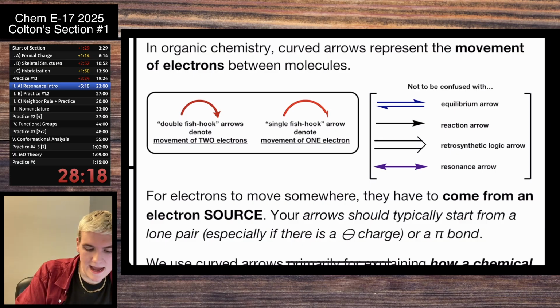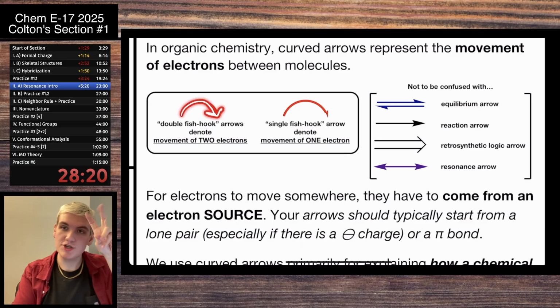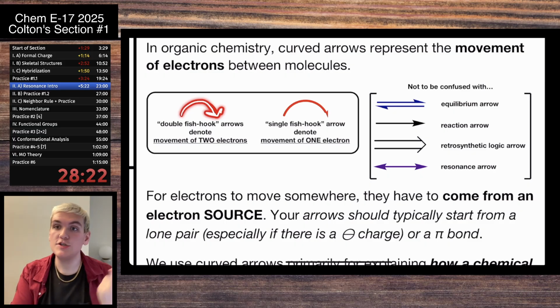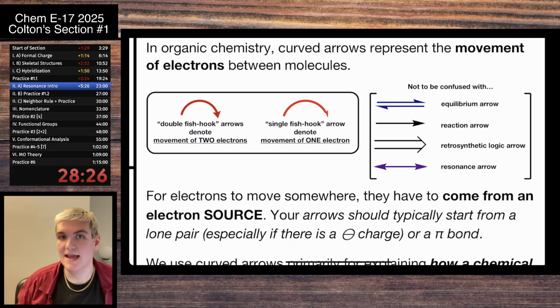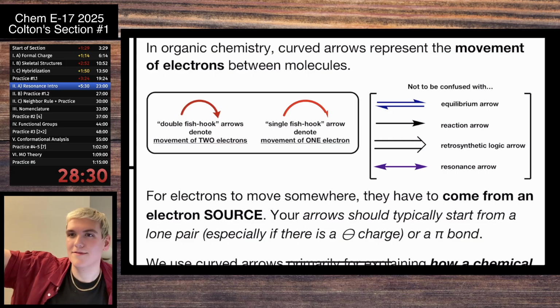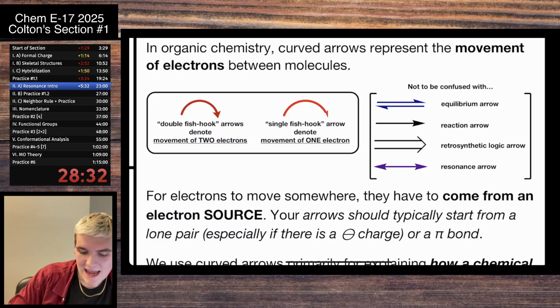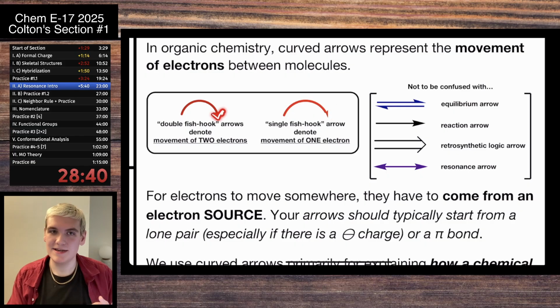So we have this, which is called a double fishhook arrow, which shows the movement of two electrons. If you go on and take the next semester of chemistry, or I think actually even later in this course, but not for several weeks, so don't worry about it, if you only drew it with one little head here, that would be the movement of one electron. So that's why I was just saying, make sure you have a double edge on here to be really specific.